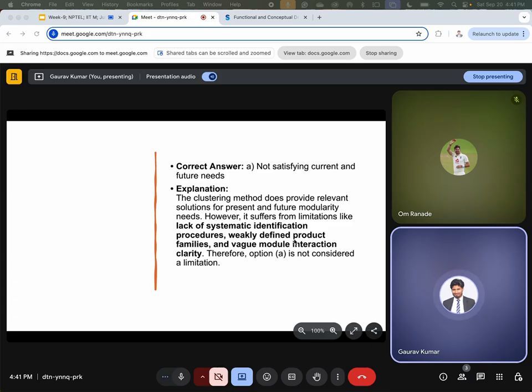However, one thing clustering does achieve is the ability to address both current and future needs. For this reason, not satisfying the current and future needs cannot be considered a limitation of this method. So the right answer for this question is option A, not satisfying the current and future needs. Okay.